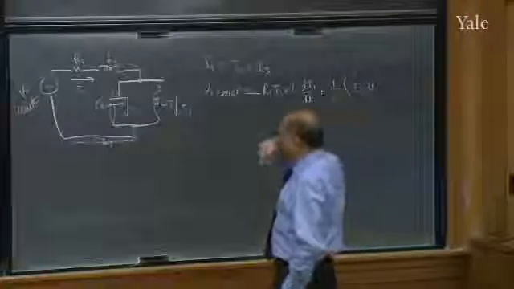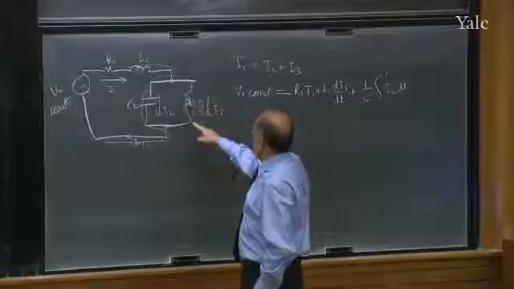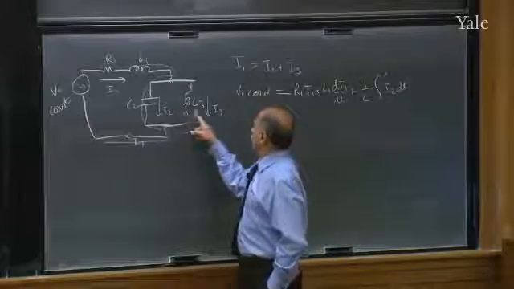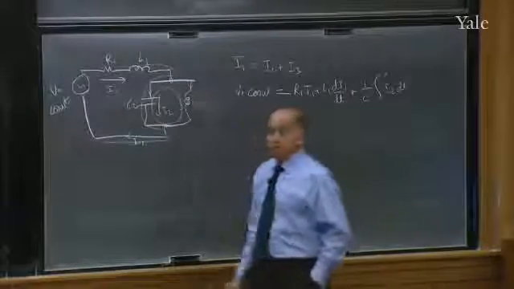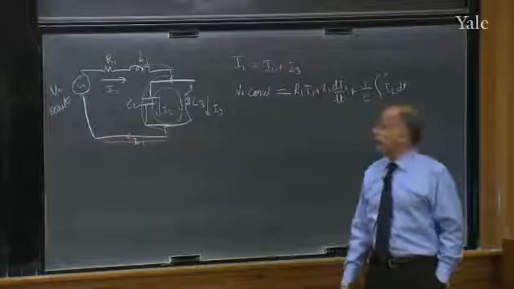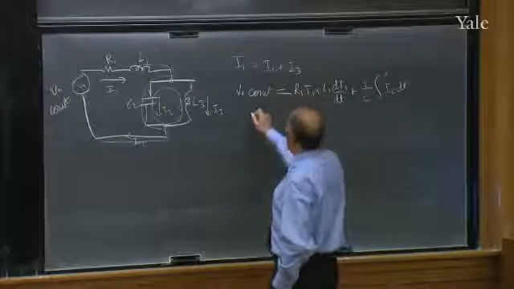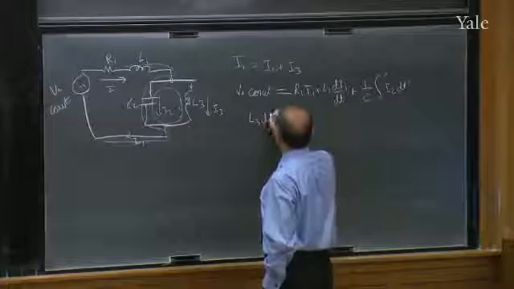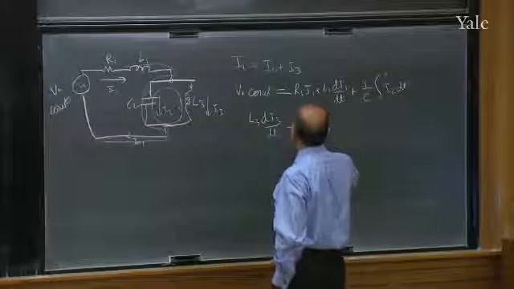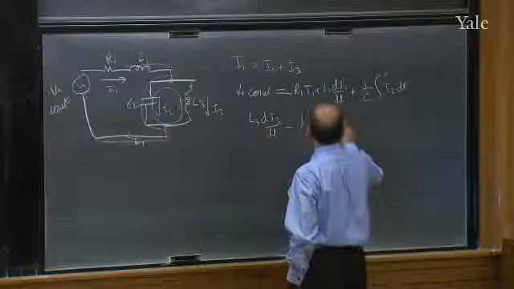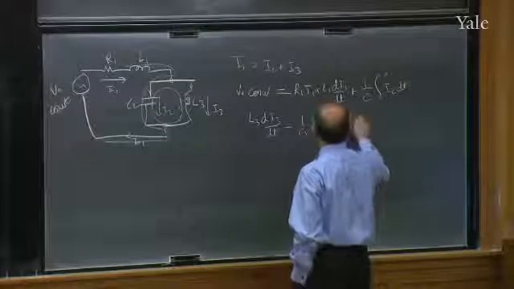For the second loop, I can go around the other way if you like, going around this inductor, or I can take a loop like this. I just want to write that to show you what it may look like. That equation will say L3 dI3/dt minus 1 over C2 integral I2 dt is equal to 0.